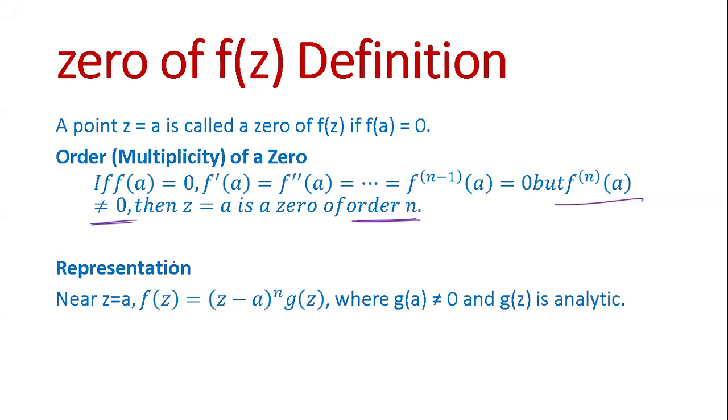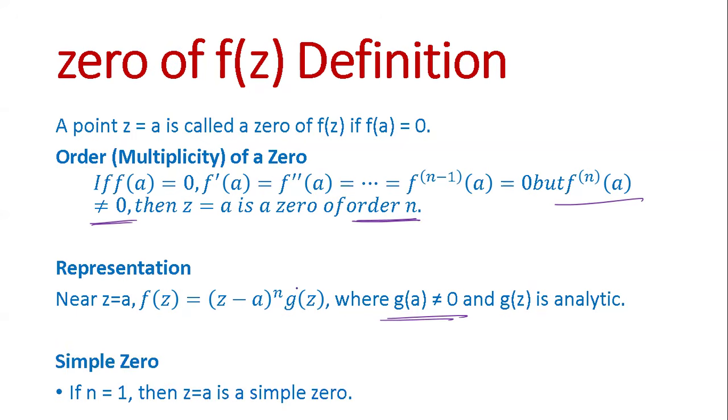Representation: z is equal to a, f of z is equal to (z minus a) whole raised to n times g of z, where g of a is not equal to 0 and g of z is analytic. In this case, this order is n. Simple zero means if n is equal to 1, then z is equal to a is a simple zero.